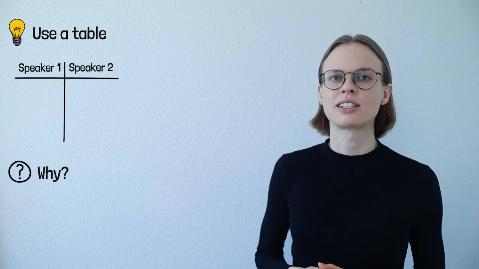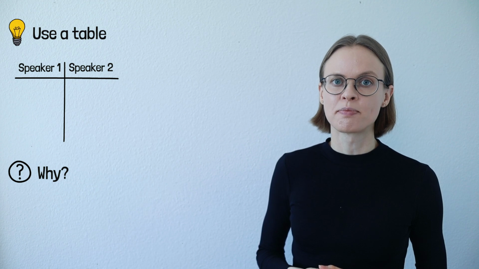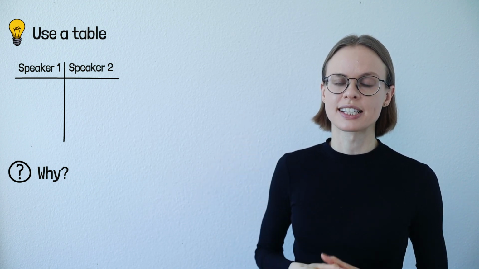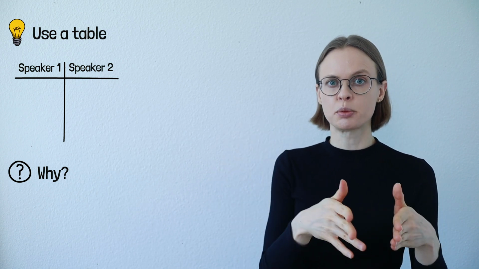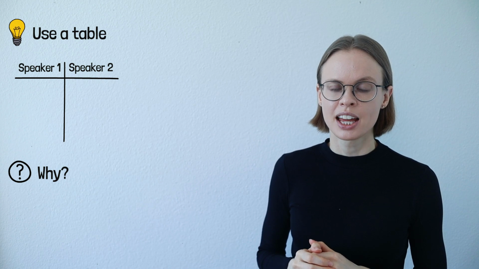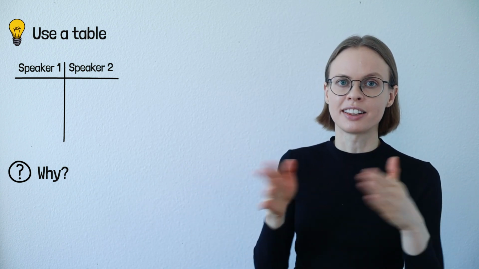Why should you use a table in conversations? Think about it. You are listening to a conversation between two persons. So this means the first person will say something, and then it's the second person's turn. And then the first person will talk again, and it goes on like this.